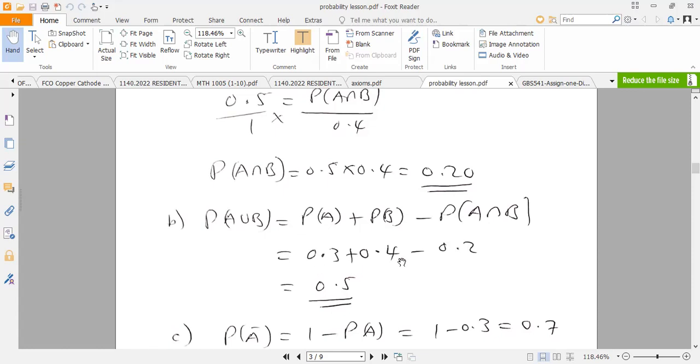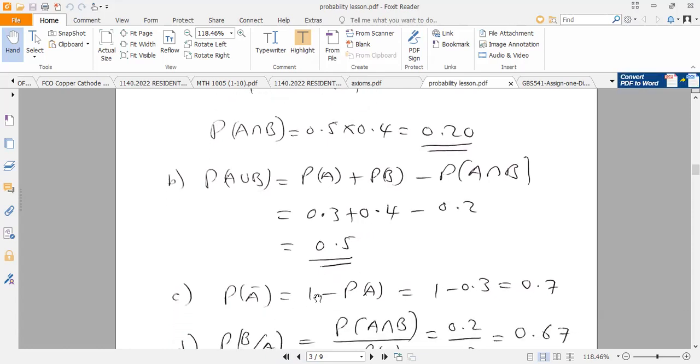We add this plus that minus that, we get 0.5. So this is how we find the union set. Then 1 minus the probability of A, we get the complement. Since our A was 0.3, 1 minus 0.3 we get 0.7.